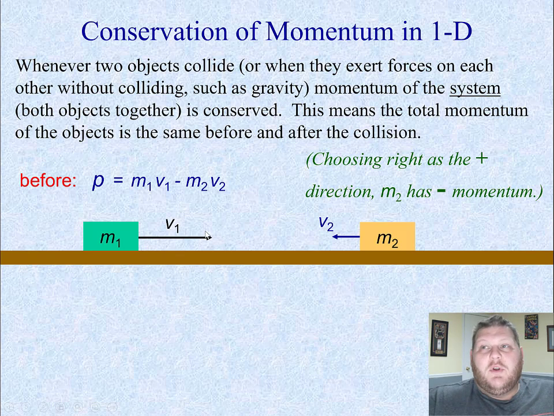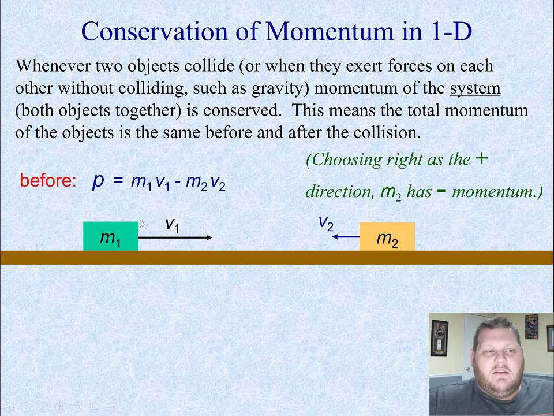It doesn't really matter which one you call the positive direction and which one you call the negative direction. As we set up our p-value, the momentum of the whole thing before, we've got mass times velocity for object 1, mass times velocity for object 2.